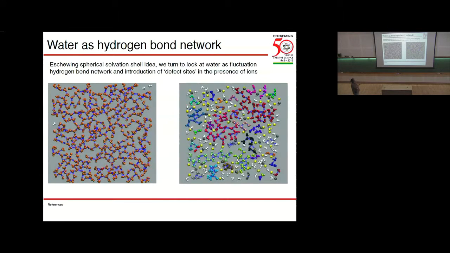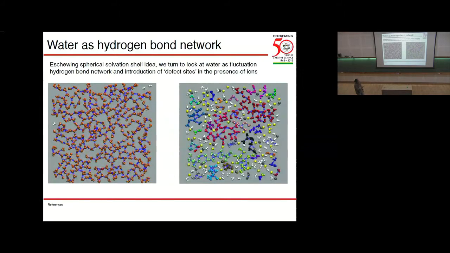I can think of water as a fluctuating hydrogen bond network. Now I add ions. These could be any kind of solutes, hydrophobic or hydrophilic; in this particular case, they happen to be ions. Once I add ions, defects come into the picture. The same spanning network now has domains coming up, which are separated by these ions.